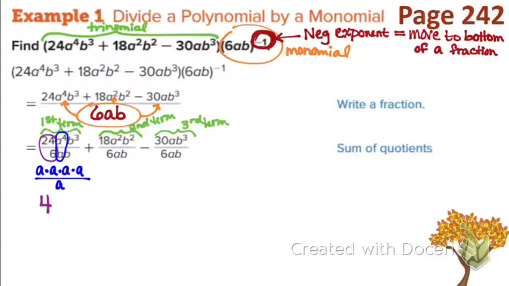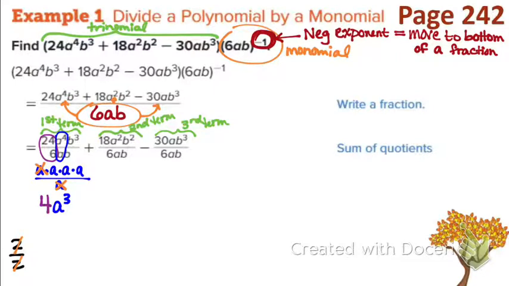If I have something the same on the top and bottom, like 2 divided by 2, what happens? It cancels. So 2 divided by 2 would cancel. I can do the same thing with my variables. One of those a's is going to cancel. So I have how many left? 3. So that would be a to the 3rd power.